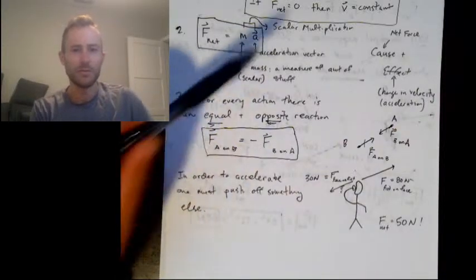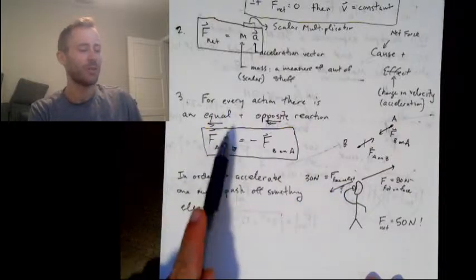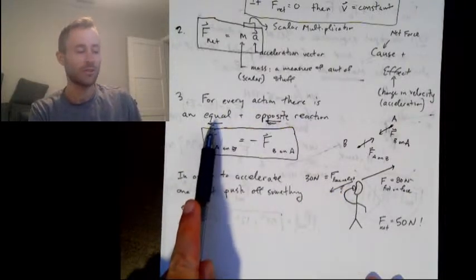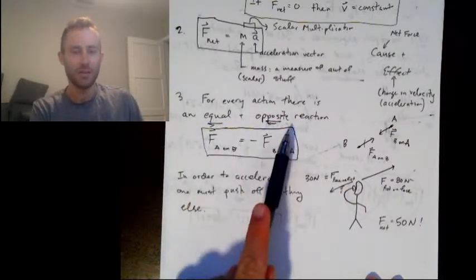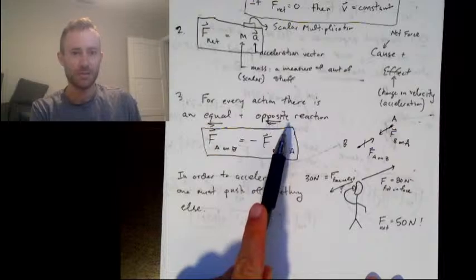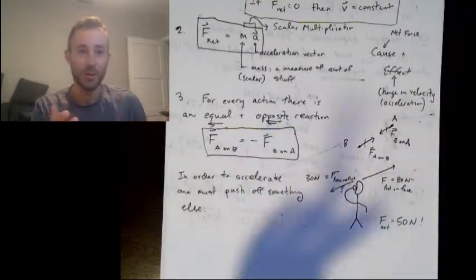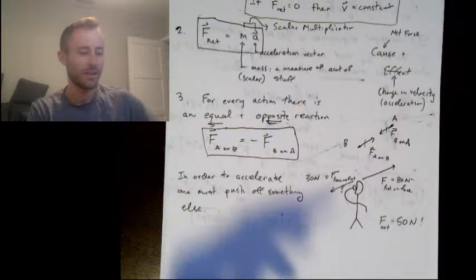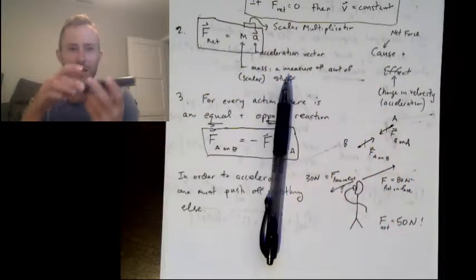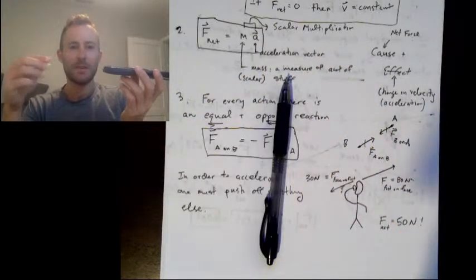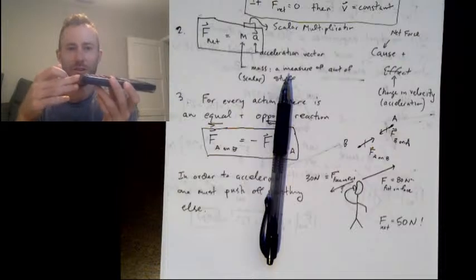Another sort of goofy thing we could have is, what if for every action there was an equal reaction, but not an opposite reaction? Okay, what if it was equal but perpendicular? All right, so that would be something like, you apply a force on the calculator, but it doesn't accelerate in the direction you expect.